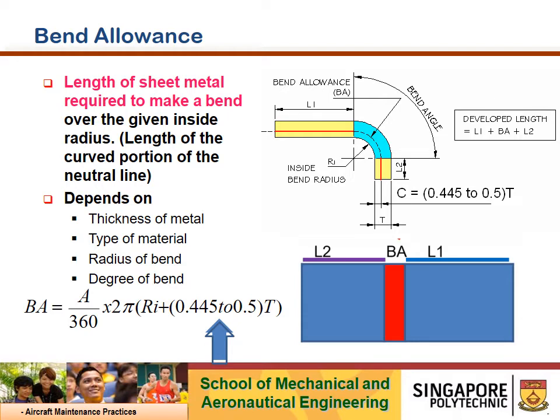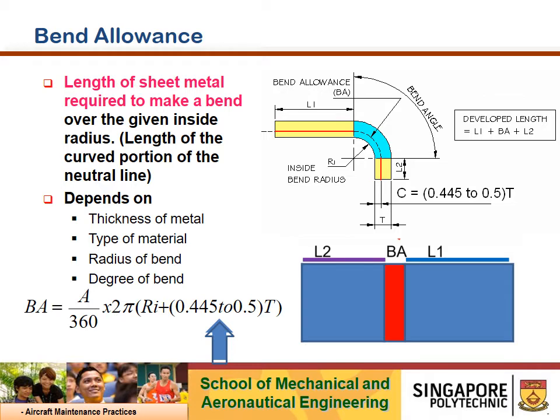One thing to take note is that the thickness factor to consider will be 0.445 to 0.5 times the thickness. What do you mean by that? Given the bend allowance equation shown here, there are three unknown factors. A itself represents the bend angle required, in this case 90 degrees. So we have 90 over 360, which is a circle, times 2 times pi.